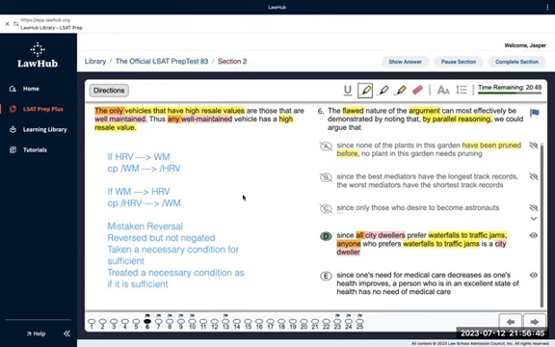Just reading it and understanding what it's talking about, that's absurd, right? We would assume that everybody prefers waterfalls to traffic jams. And so just because you prefer waterfalls to traffic jams doesn't mean that you're a city dweller. I'm sure that those people could live in the country as well, or the suburbs.